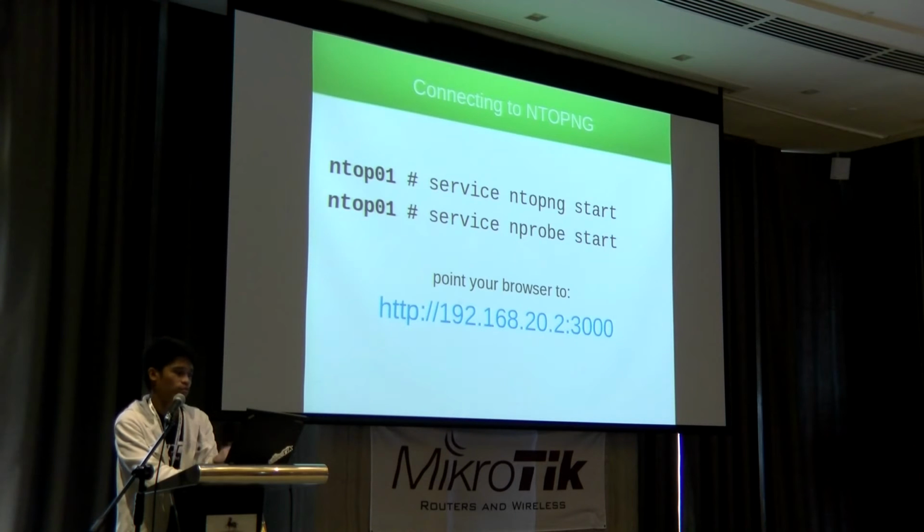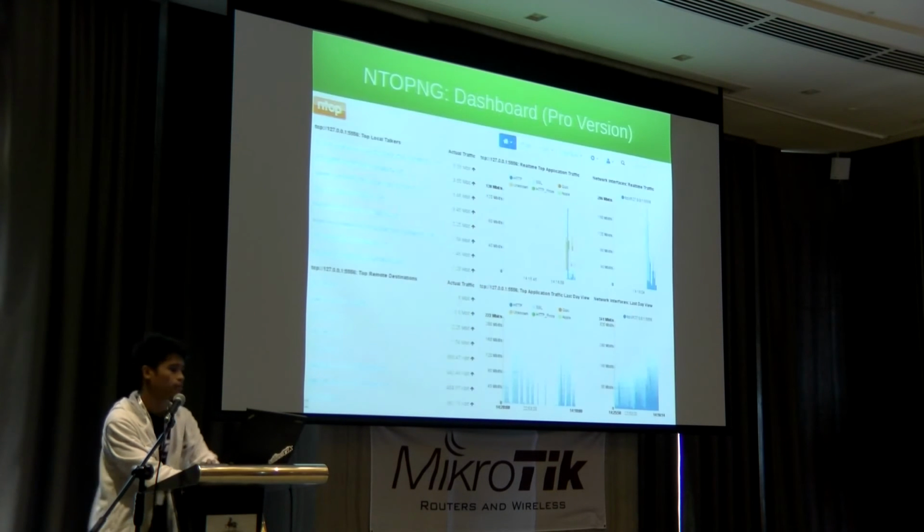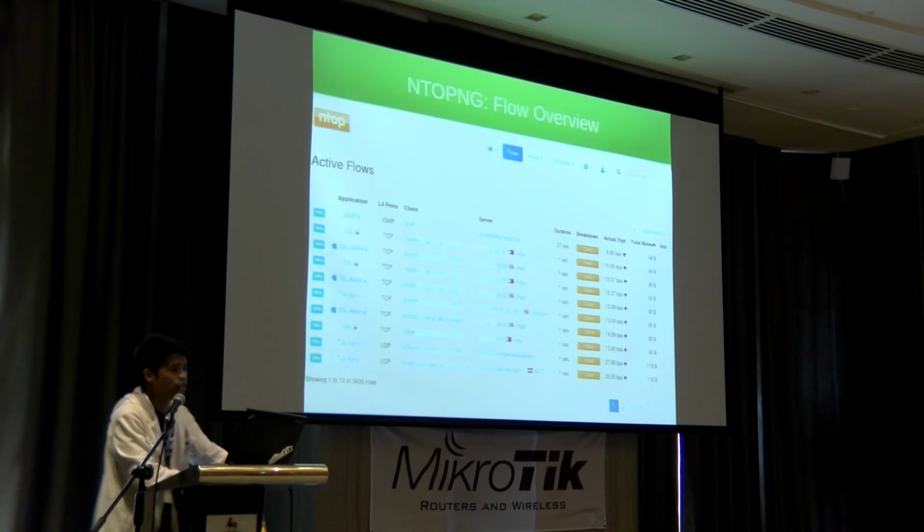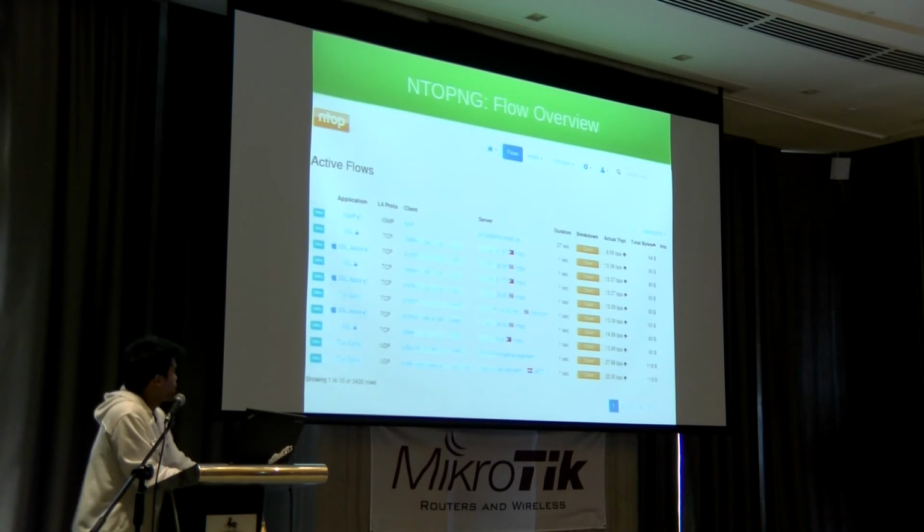So what we can see in the ntop, here's the screenshot that we made. This is the dashboard of the Pro version, the one that I was talking about. And here are some active flow connections that we can see.